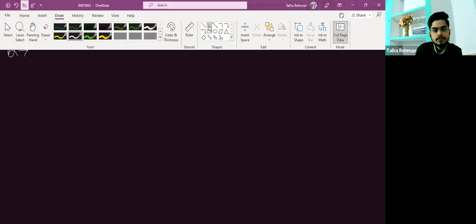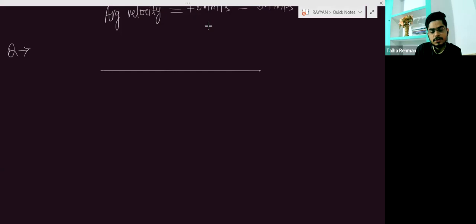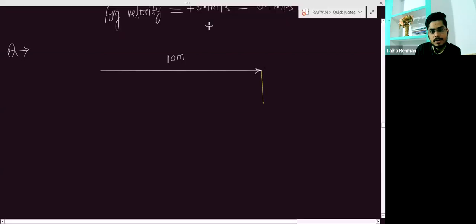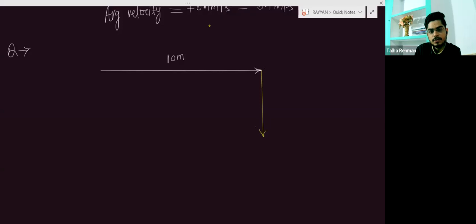A person moved from here to here, a displacement of 10 meter, and after that the person moved from here to here, a displacement of again 10 meter.